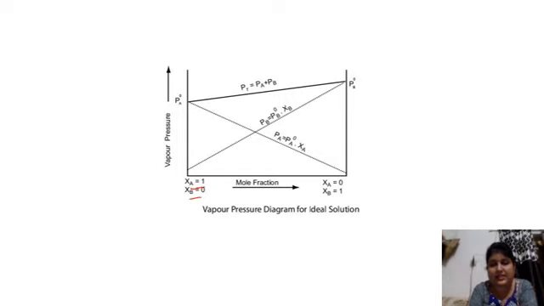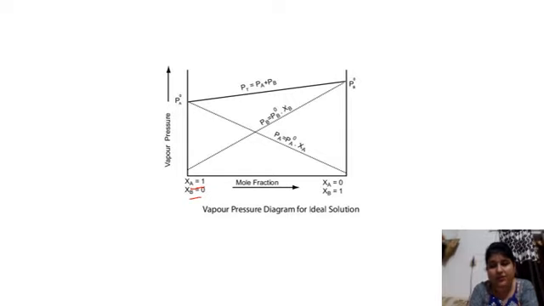These lines represent the partial pressure of A and the partial pressure of B. This is passing from XA and this is passing from XB respectively. And they reach unity, meaning here the value of XA is equal to 1 and here the value of XB is equal to 1.